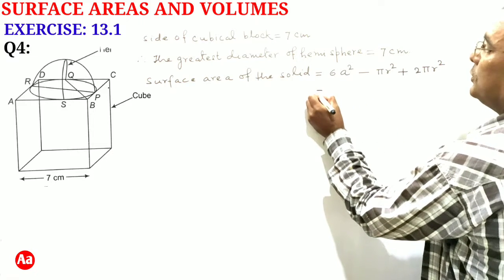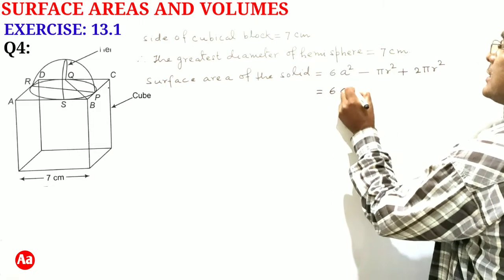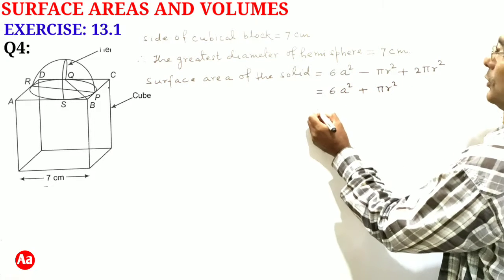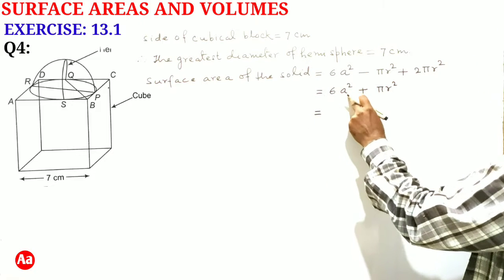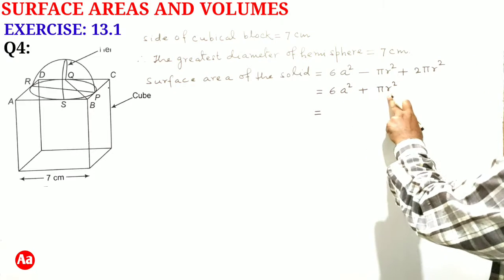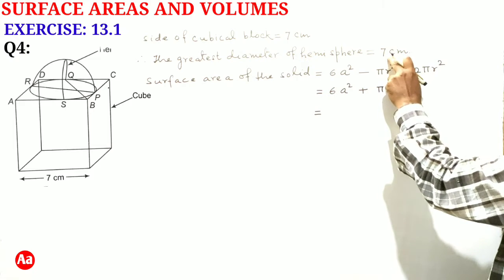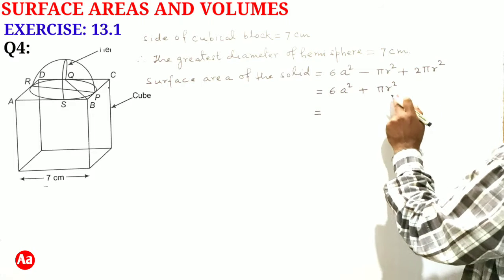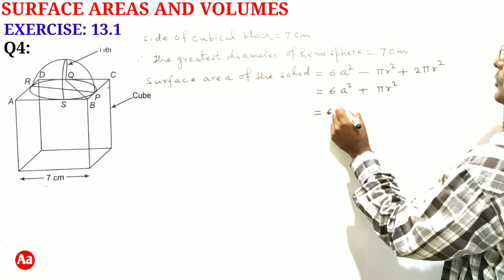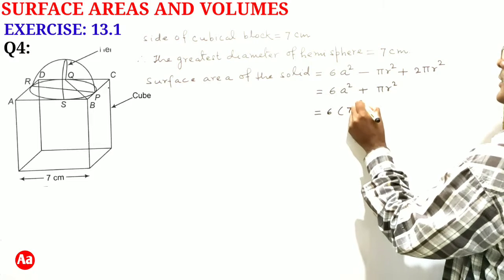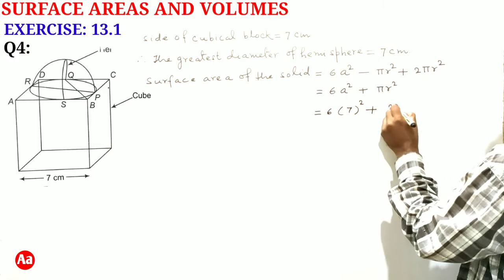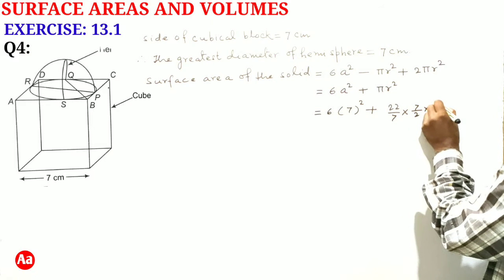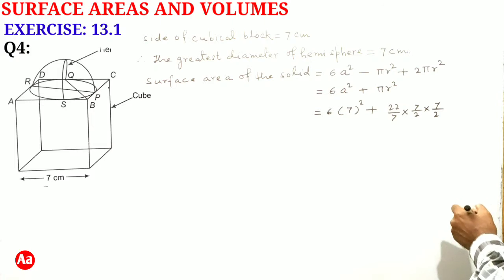This is equal to 6a square plus pi r square. Now let's put the values: side of the cubical block 7 centimeter, and as the diameter is 7 centimeter, the radius is going to be 7 by 2 centimeter. So 6 into 7 square plus 22 by 7 into radius 7 by 2 into 7 by 2.